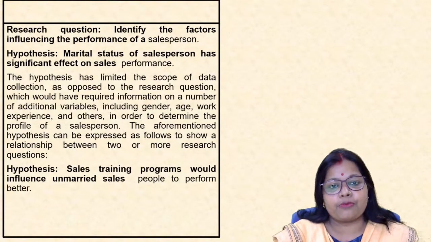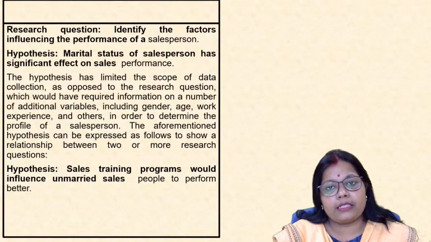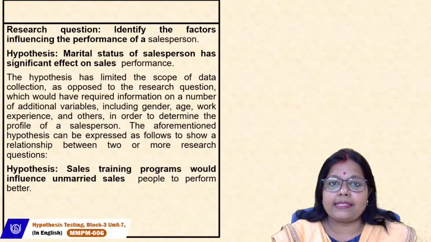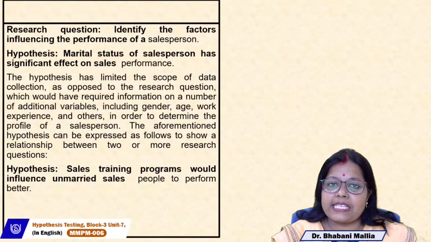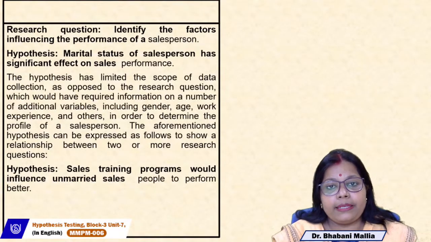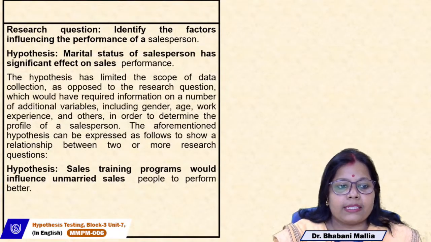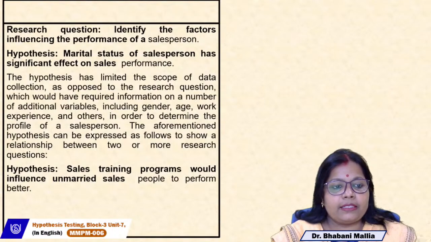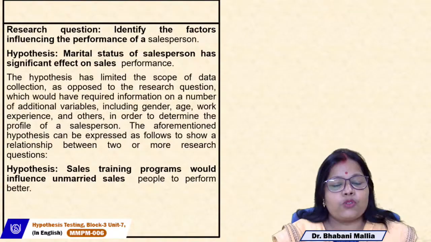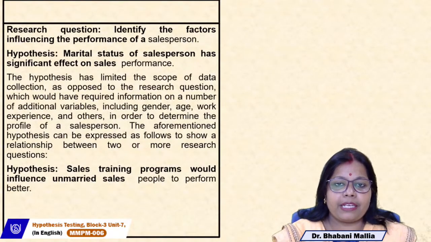But in the hypothesis, we talked about the marital status of the salespersons, where other demographic factors we ignored, that is gender, age, occupation, all these things we ignore. So it gives a clear frame that we need to focus on the marital status of the salesperson first.